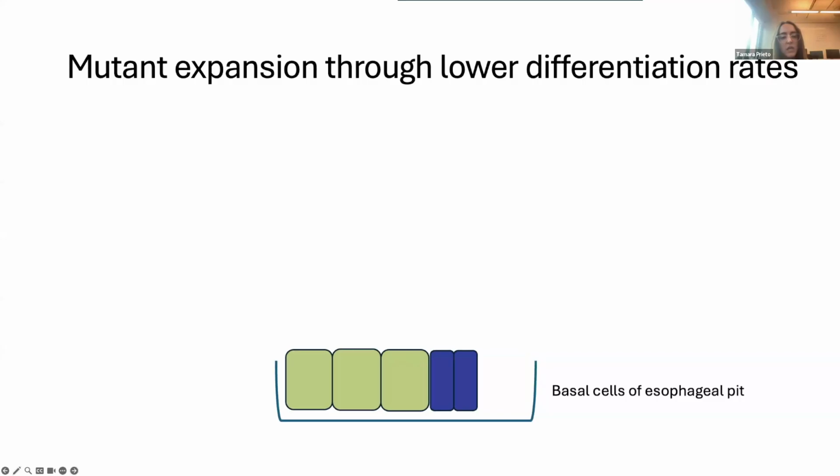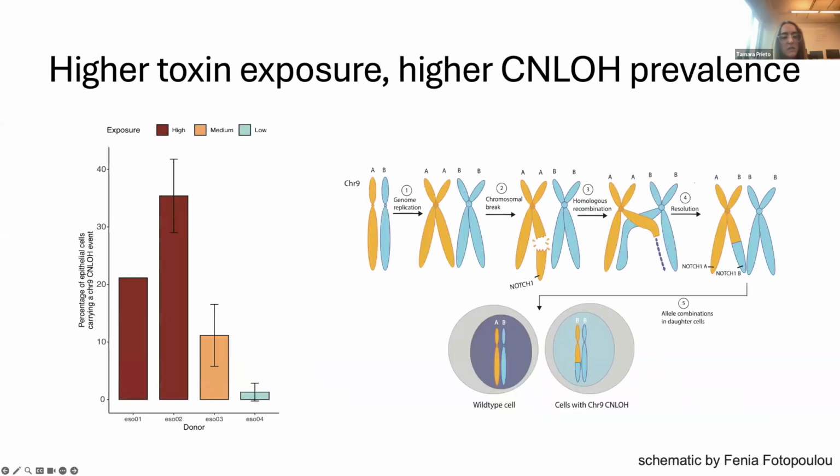This slide would be the most representative. There are some biopsies that can get to more than 40% of CNLOH, but others with no tobacco and no alcohol risk actually have only a couple of events in those small biopsies that we have.